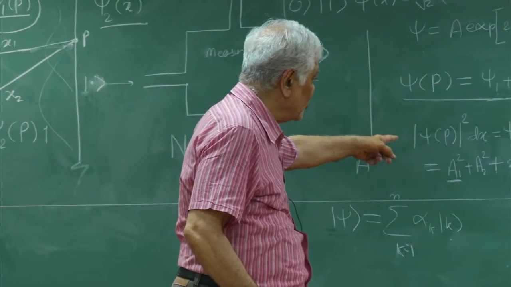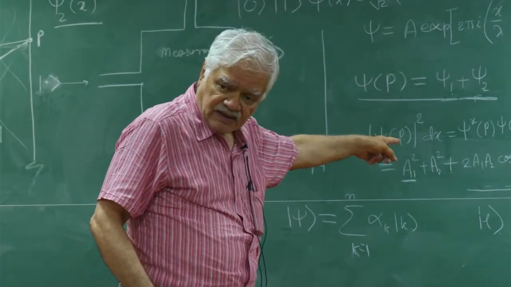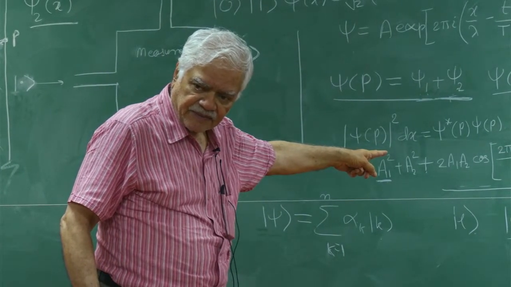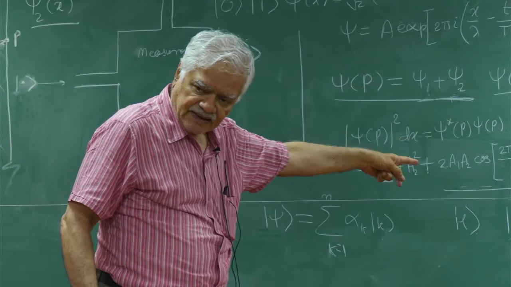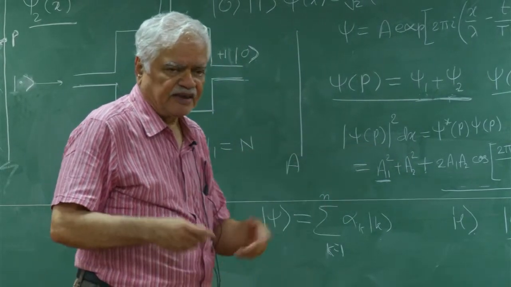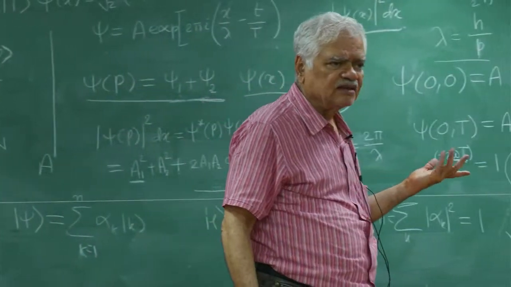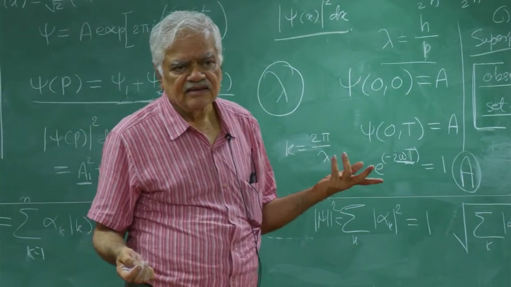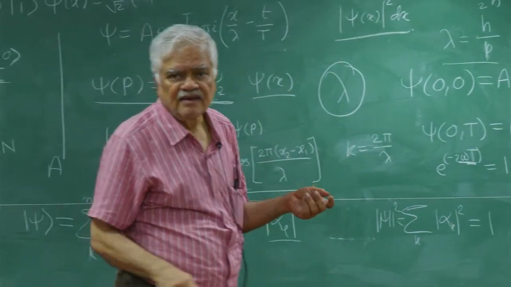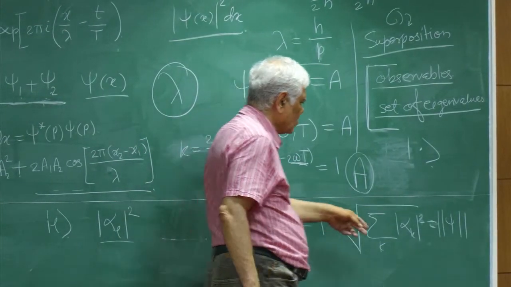So the mod alpha k squared, the probability of every eigenstate turning up as a result of measurement, must sum up to 1. If I have some arbitrary linear combination, this condition is not guaranteed, so I am imposing that condition. This is called a normalized state, and this is the norm.